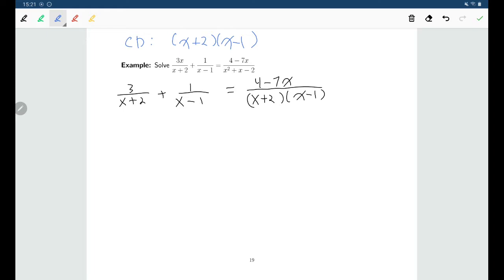And if I multiplied every term, left side and right side, by that, then in the first term, the x plus 2's would cancel, leaving just the x minus 1 behind. In the next term, the x minus 1's would cancel, leaving just the x plus 2 behind. And on the right side of the equation, the x plus 2 and the x minus 1 would cancel, leaving just that numerator.